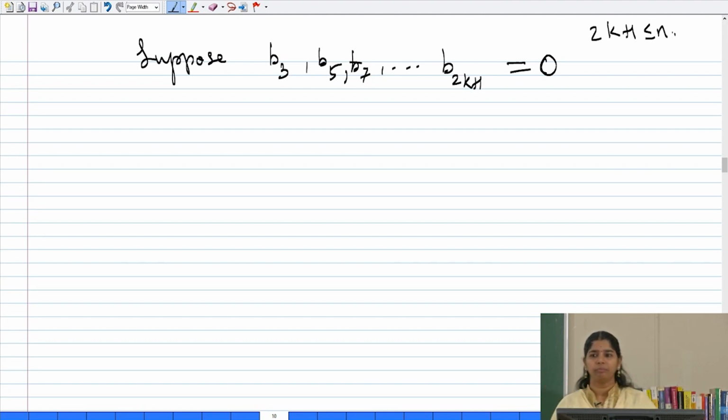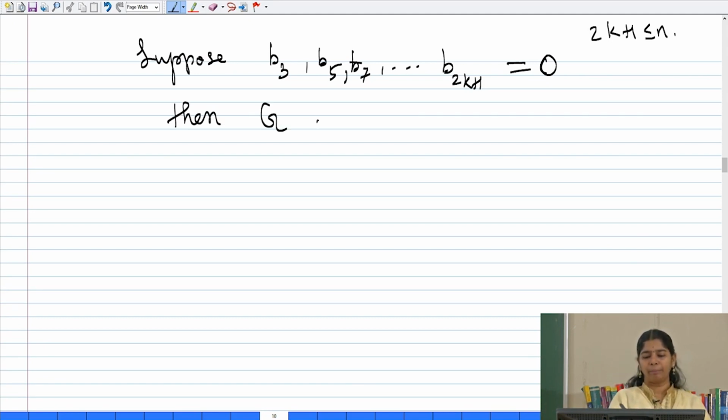Then what can I say? If all these are 0, that means we have no 3 cycle, 5 cycle, 7 cycle, so no odd cycles are present. Therefore my G is bipartite.